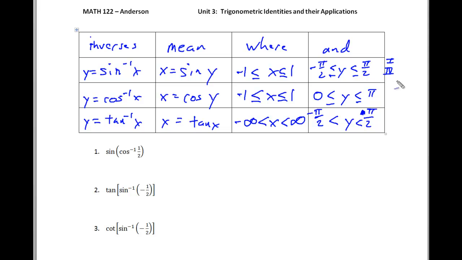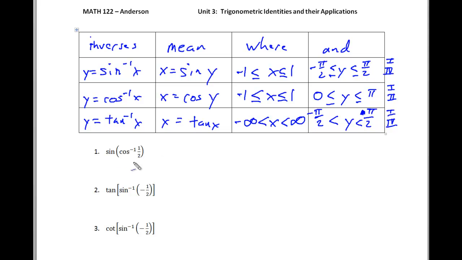So first and fourth for inverse sine, first and second for inverse cosine, and first and fourth for the inverse of tangent. You'll notice too that the inverse tangent cannot actually be at -90 and 90 degrees because you would be dividing by 0, which would give you a division by 0 error.